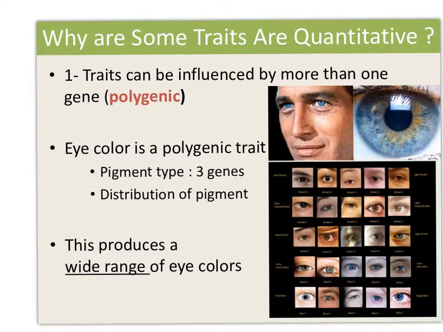There are actually 3 genes for the 3 colors, blue, green, and yellow. Is that right? Or red, I forget. Anyway, it doesn't matter. Our cones have 3 different pigment types, each with a separate gene. Now the thing is, when you combine all 3, you can get a wide range of eye colors.